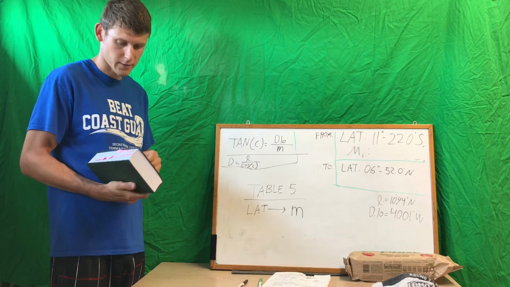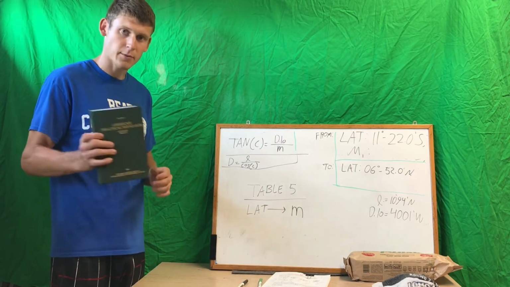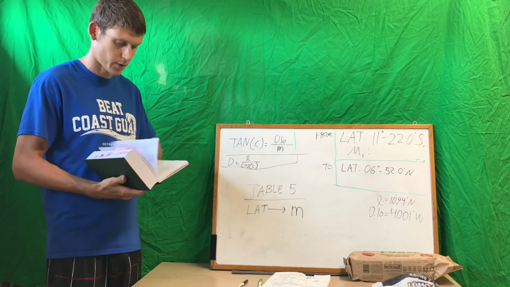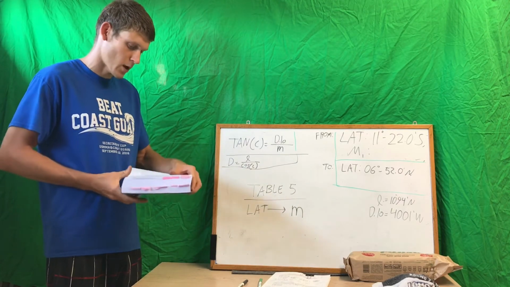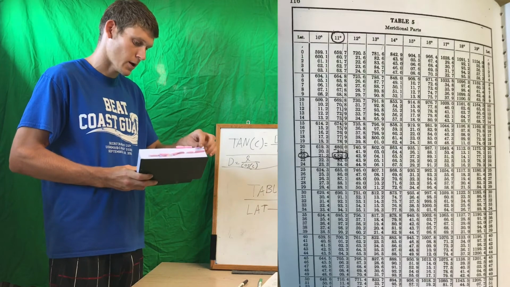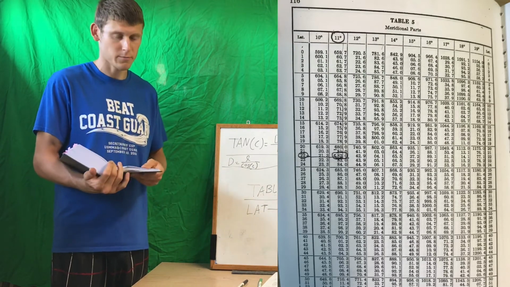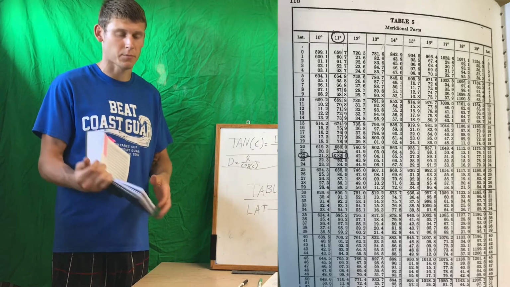So to do that, we go to Table 5 in Bowditch Volume 2. And I will put a picture on the screen, but you just flip through. Now the tables are in numerical order in Bowditch Volume 2. So Table 5, it's near the beginning of the book.